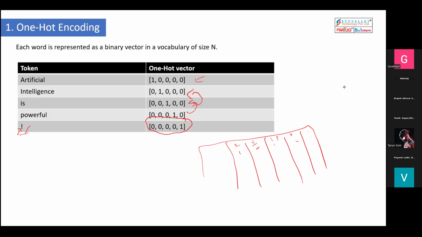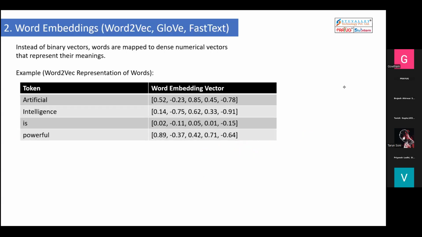To fulfill these drawbacks, another method came to us. It's nothing but Word2Vec, GloVe and FastText. Instead of the binary vector, words are mapped using a dense numerical vector that represents the meaning.